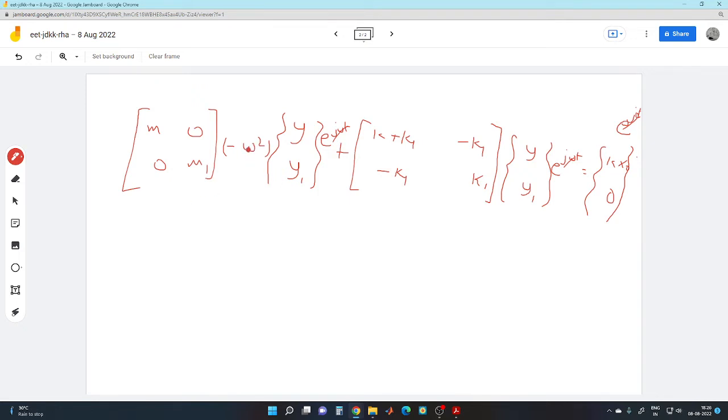We can multiply minus omega square inside the matrix, and we can take Y and Y1 vector as common.